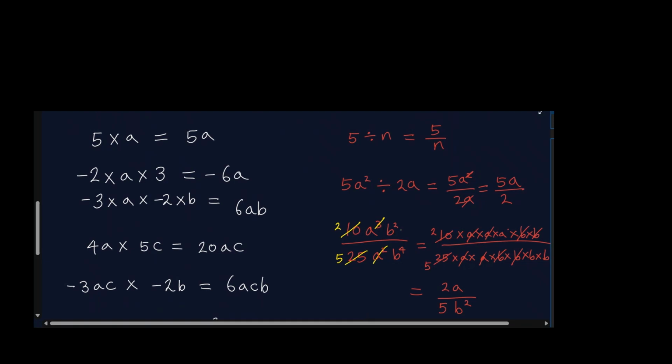And we got b squared here and b to the power of 4 here, which means b squared will be gone, but we will still have b times b, as you can see here. So we're gonna write it as 2a left on the top, whereas at the bottom it is 5 and b squared, which is same answer as this long working, isn't it?